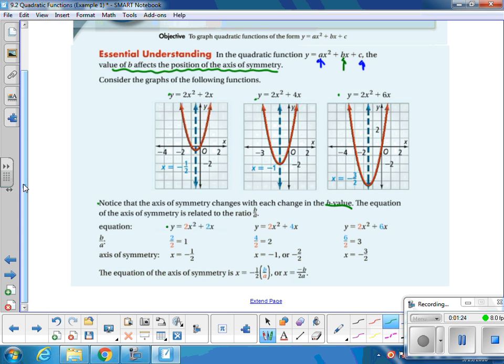So the equation y equals 2x squared plus 2x, the ratio of b over a, or 2 over 2, is 1. And this axis of symmetry is actually at negative half. When we look at the second one of our equations, if we have 2 and 4, now we change the b term. We change the b term from a 2 to a 4, and you can see that it does adjust our graph.